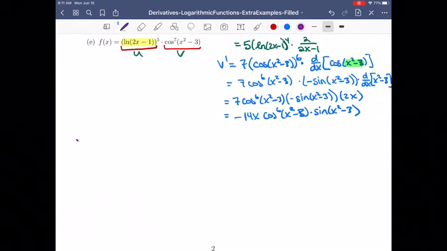Now we can actually do f prime of x. So it's going to be u prime times v plus v prime times u.